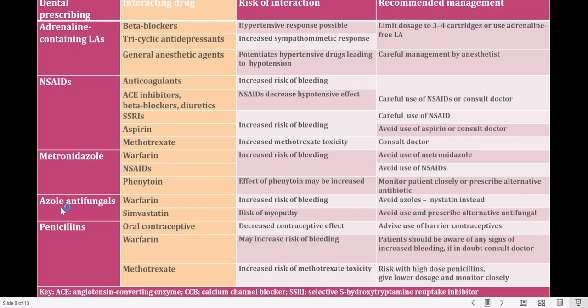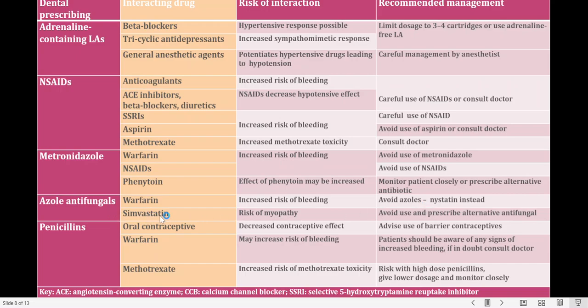Another category of drugs that are prescribed in the dental setting is azole antifungals, such as fluconazole and miconazole. These may interact with warfarin, leading to increased risk of bleeding. Therefore, we should avoid azoles and prescribe another antifungal, such as nystatin.